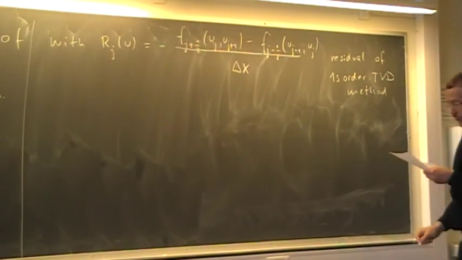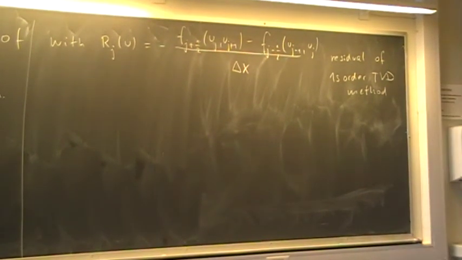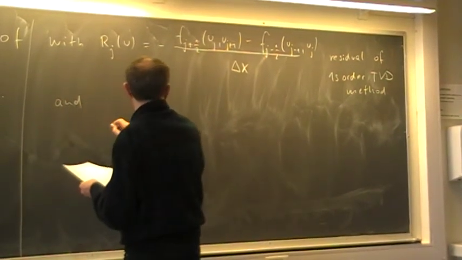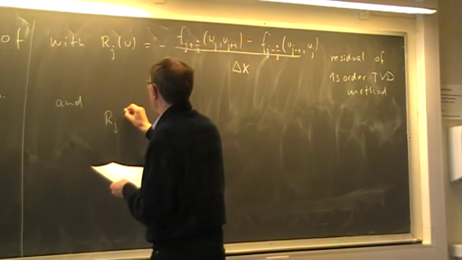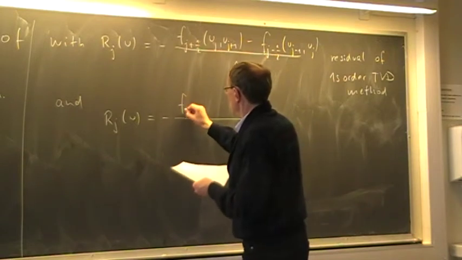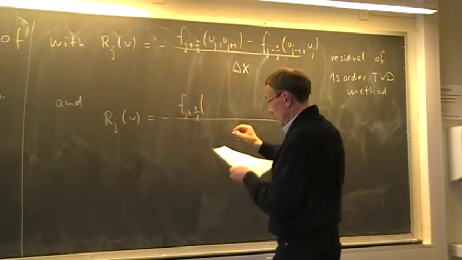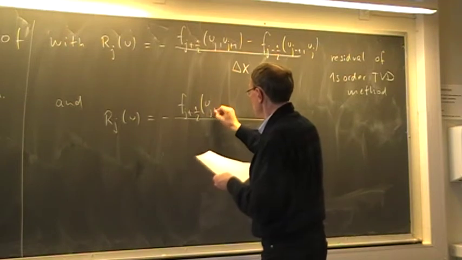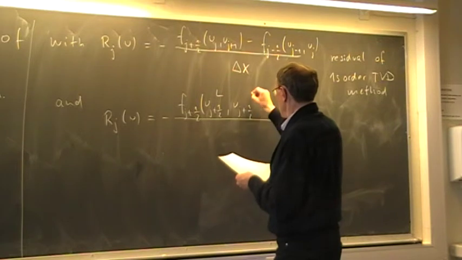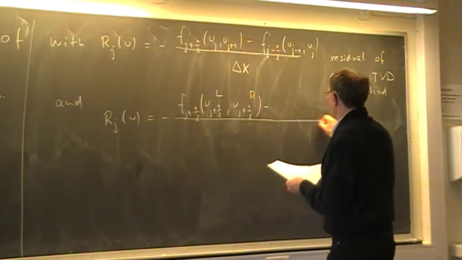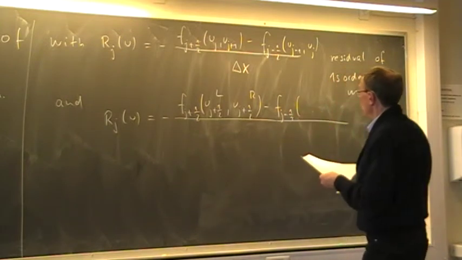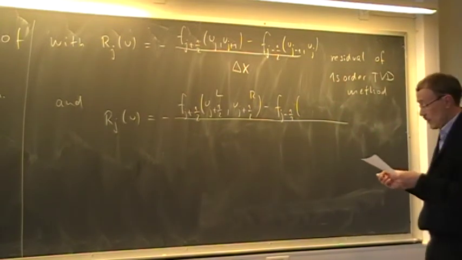If we want also to see what it would be for the MUSCL, we just can do that. Say the r_j of u for the MUSCL would then be minus, and then as already mentioned, we would have here the extrapolated values, the u at j plus 1/2 left, the u at j plus 1/2 right, and for the flux at j minus 1/2, we would have the same thing at the face j minus 1/2.